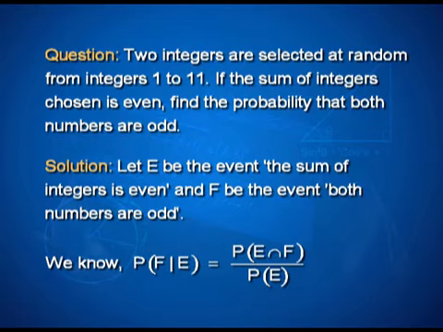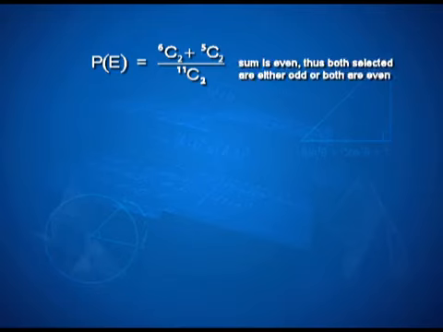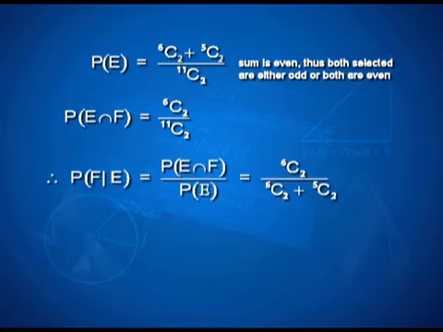In this case, we are looking at probability of E to be same as 6C2 plus 5C2 by 11C2. This has come from an understanding that sum is even when both selected numbers are either odd or both are even. So, we have 6 odd, 5 even numbers, and therefore, 2 selected out of 6 can be done in 6C2 and 2 out of 5 can be selected in 5C2 ways.